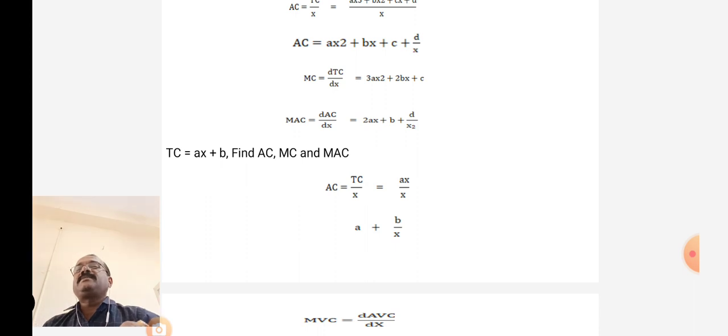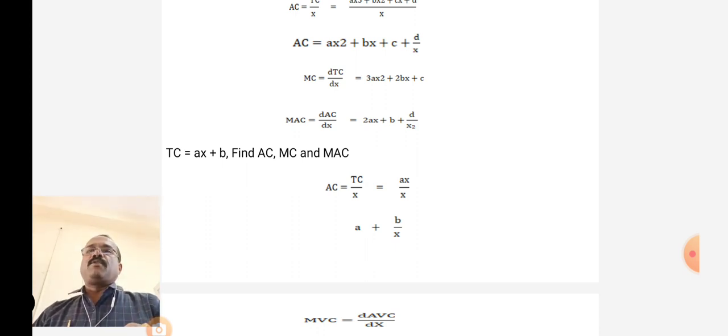AC equals TC divided by x, which equals 0.001x square plus 0.04x plus 500, whole divided by x, so average cost equals 0.001x plus 0.04 plus 500 divided by x.